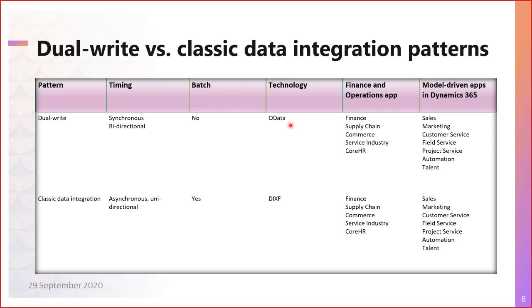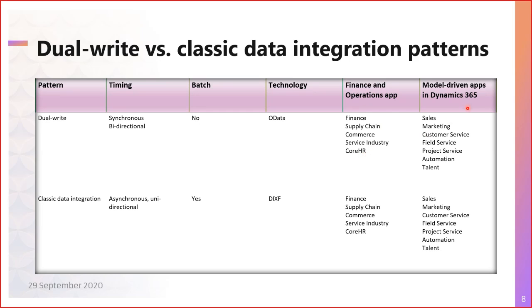So what applications are available from the finance and operations point of view? We have finance and we have supply chain. We know these are two apps from Dynamics 365, finance and supply chain. Then we have commerce, with e-commerce, service industry, and then core HR.